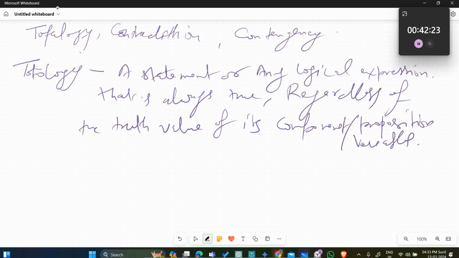So whatever the assignment of truth values to the components, if the expression in itself will always be true, then it is a tautology.